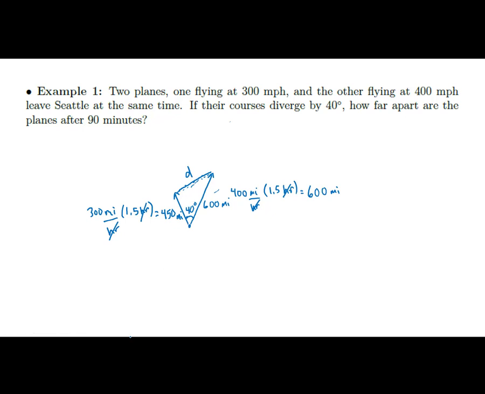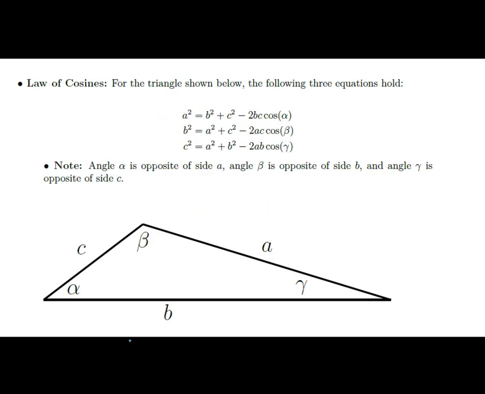All right, so how do we deal with this? Let me go to the next slide for just a moment and then come back. What we do is we use the law of cosines. The law of cosines looks pretty complicated, but it's actually not too bad when you understand where all the parts come from. So let's just focus on this first one here.